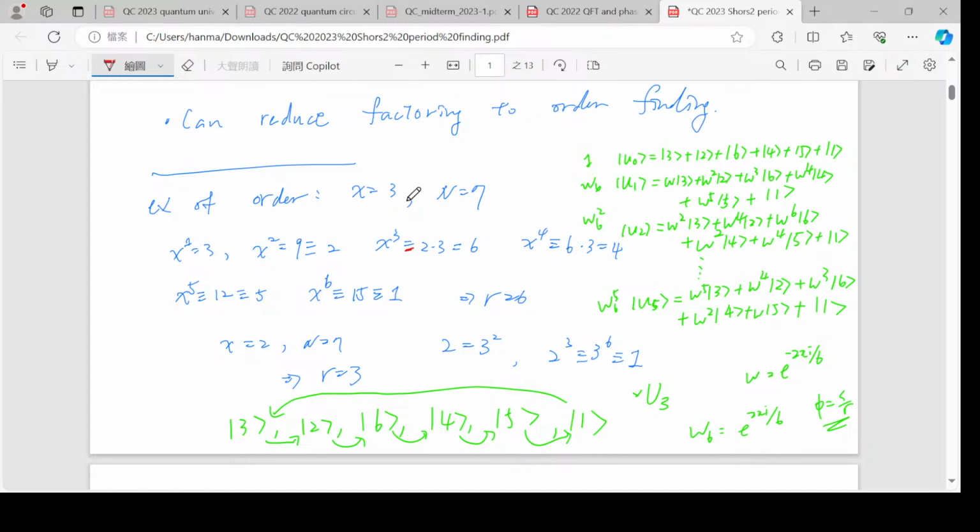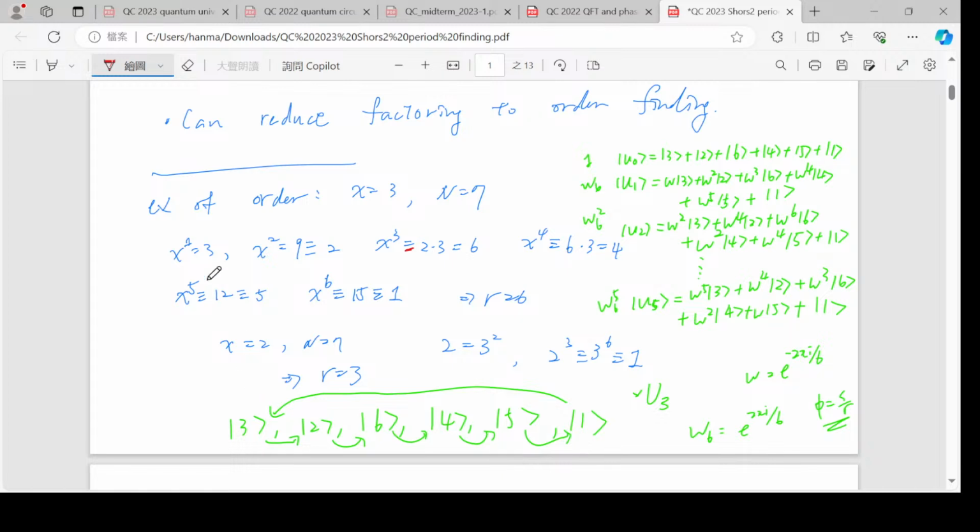So here is the example of x equals 3 and n equals 7, and you keep multiplying by 3, and you find that after 6 times it is equal to 1 mod 7. And on the 7th time, we're back to 3.